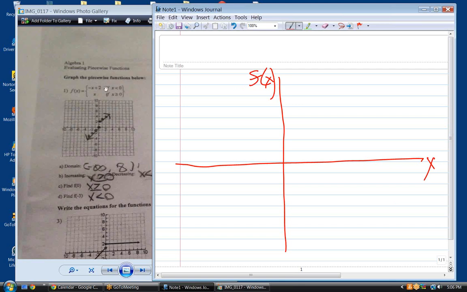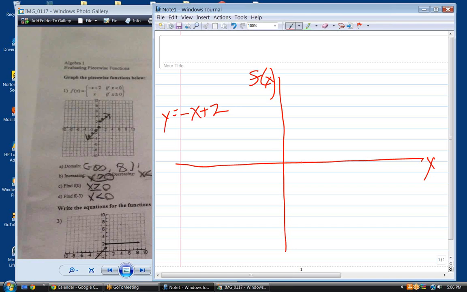Top right corner. First we look at what our function is to the left of the y-axis, when x is less than 0. That's everything over here. The function says f of x is equal to minus x plus 2. If I gave you that to graph, how would you graph it?